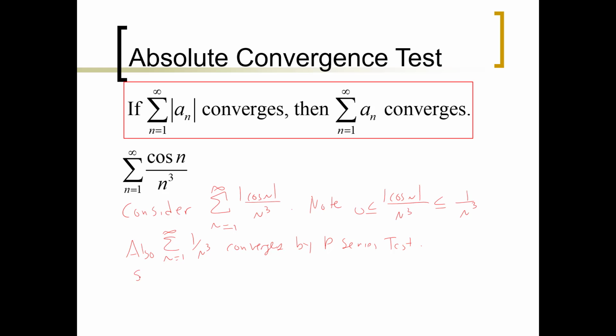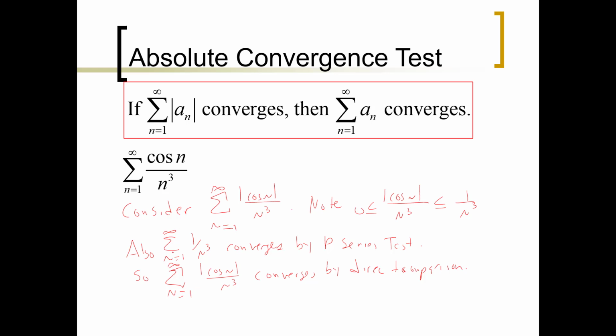So that means that the series as n goes from 1 to infinity of the absolute value of the cosine of n over n cubed converges by direct comparison with this series right here, because each of these terms is less than that term.